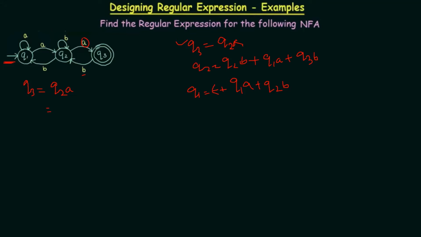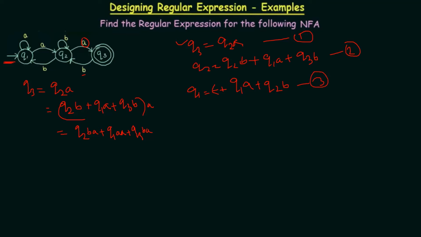The value of Q2 is Q2B plus Q1A plus Q3B, into A. So if I put the A inside, I am going to get Q2BA, Q1AA and Q3BA. Let's give these three equations numbers 1, 2, 3, and this one as equation number 4.